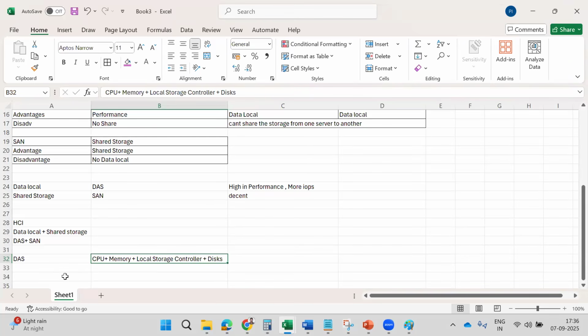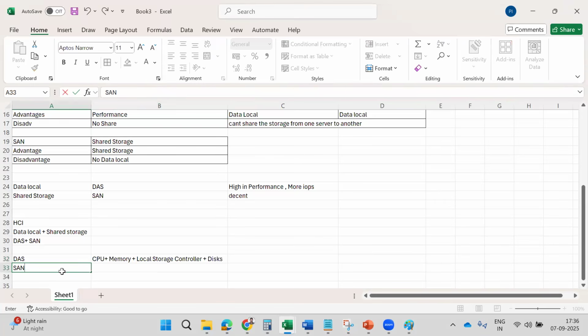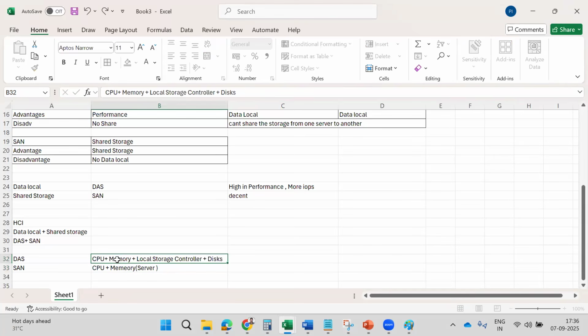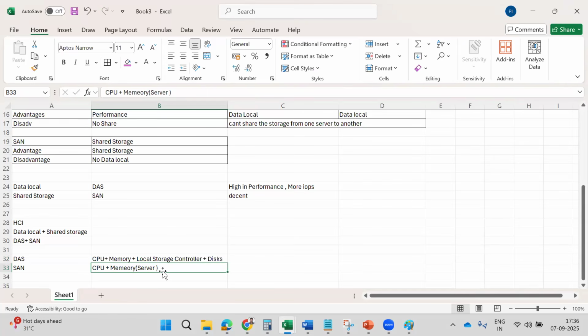Okay. So if I need SAN, what do I need? I need CPU plus memory. This we get from the server. Here we get CPU and memory only from the server.